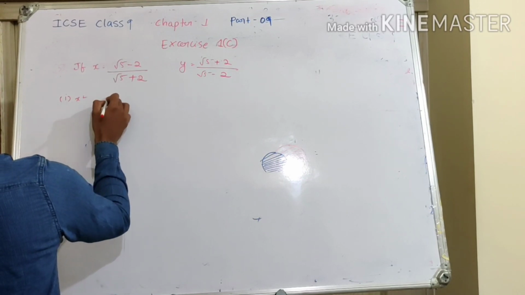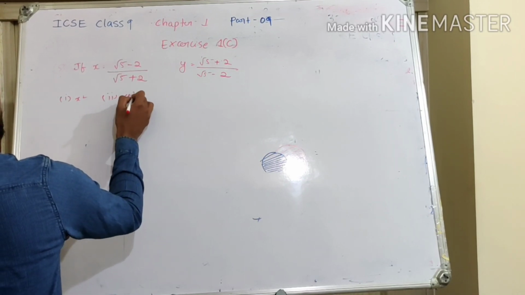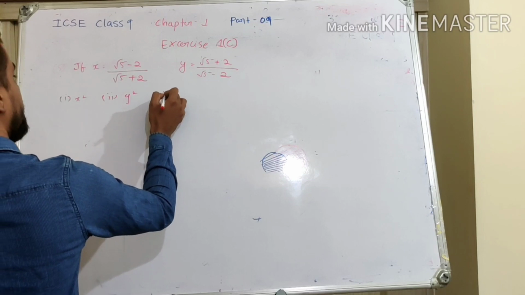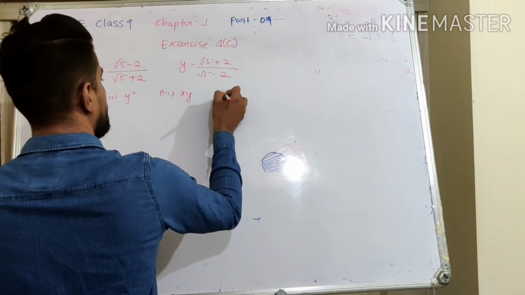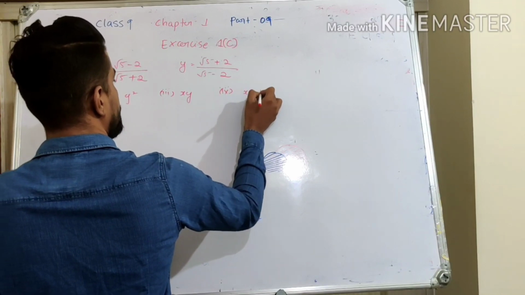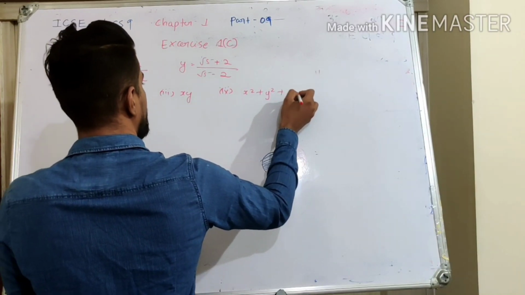One is x square, second is y square, third is xy, fourth is the sum of all the three, that is x square plus y square plus xy.